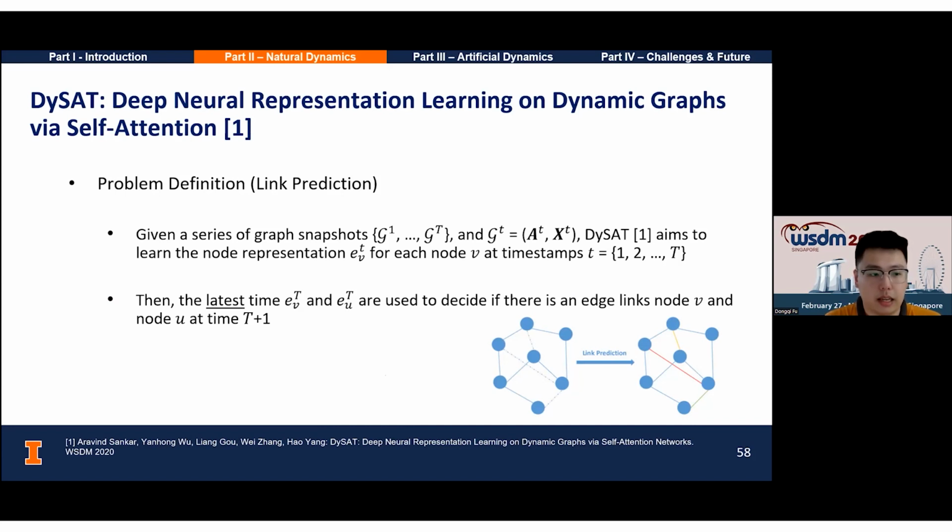DYSAT aims to learn the node representation e_v^t for the node v at time t across all time steps from 1 to capital T. Then the latest time node embeddings e_v^t and e_u^t are used to decide if there is an edge linking node v and node u at time t plus 1. This is the problem definition for DYSAT for link prediction.